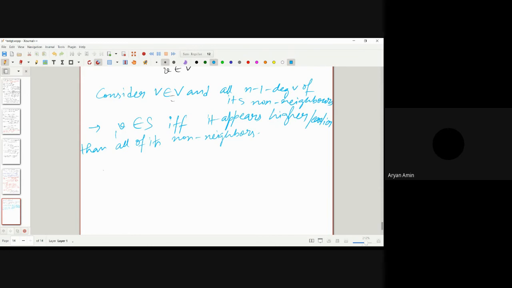Since the permutation we initially chose was completely uniformly random, this probability is just 1 over n minus degree of v. Why is this n minus degree of v? Because you're taking n minus degree v minus 1 non-neighbors, plus v itself.